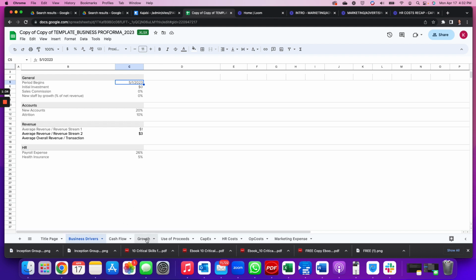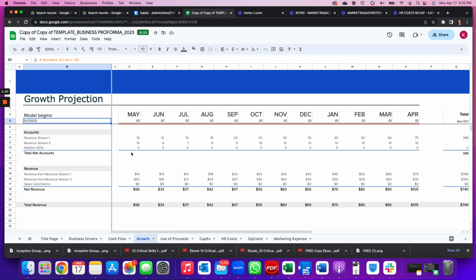So let's go to the growth tab, where we're plugging in the number of units that we plan on selling. If we plan on selling 14 units of revenue stream 1, or product 1, and we go down to the revenue section to attribute revenue from product 1, let me open up this tab and make this a little bigger for y'all.